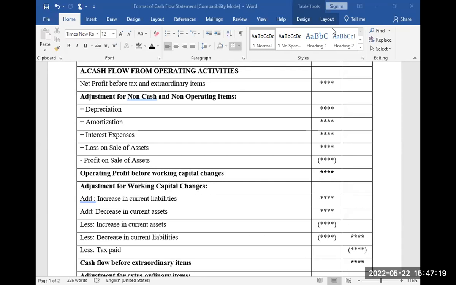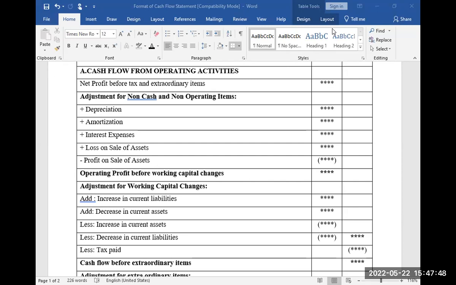Which one? Where? These two. Decrease in current liability, increase in current asset; here it is increase in current liability and decrease in current asset. Both are opposite. Look at this. Increase in current liability needs to be added, increase in current asset needs to be minus. Opposite.